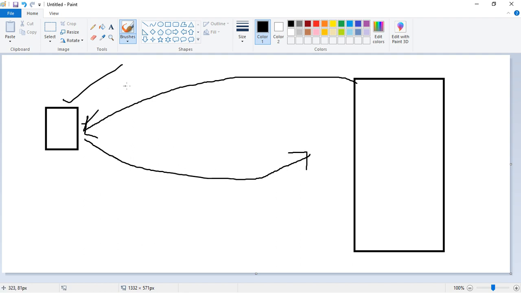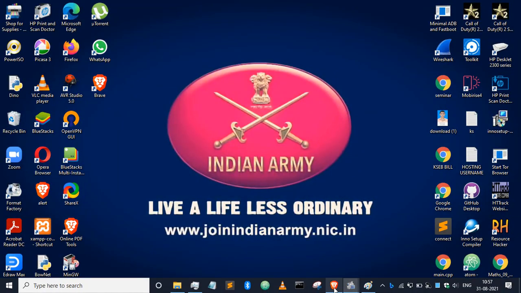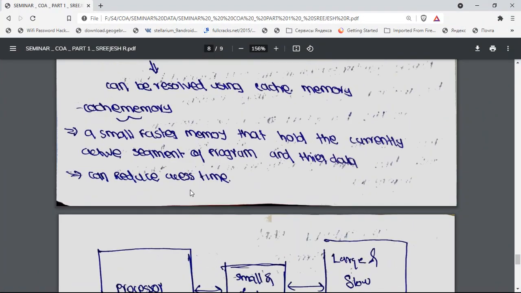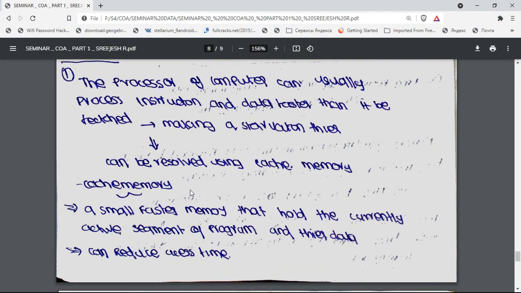So there will be a starvation here, where the processor has to wait, not for minutes, just for milliseconds, going to an idle state. That is what starvation is: the processor has nothing to do for a while.